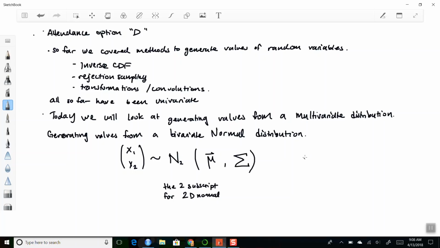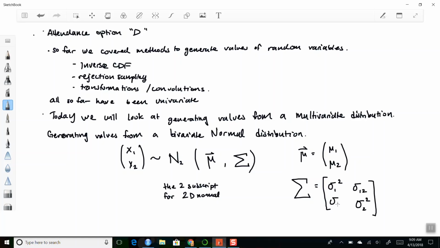So mu is a vector of mu1 and mu2, and sigma is a matrix consisting of basically variance 1 squared and variance 2 squared on the diagonal. And then what do we put in the off-diagonals?